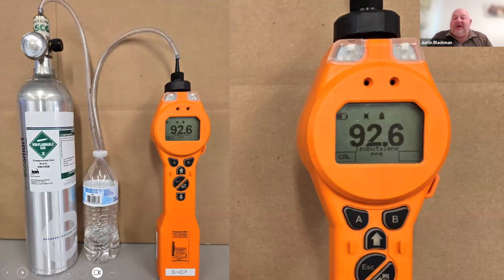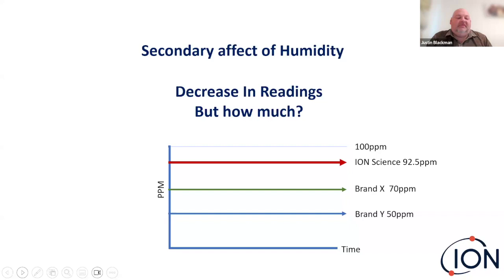So I would encourage anyone, if you're inquisitive, maybe go and do the same test for your own PID you're using. And I will tell you from my own experimentation, Ion Science will always drop the same readings, and a couple of other brands, when I go and test them, will have a much higher drop in readings.